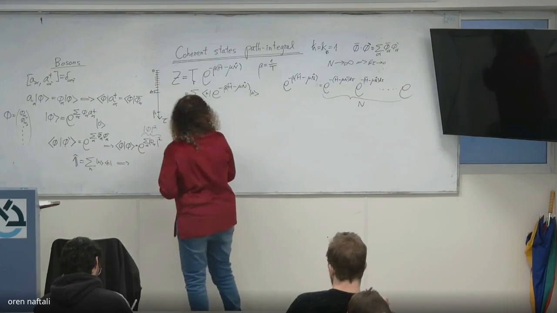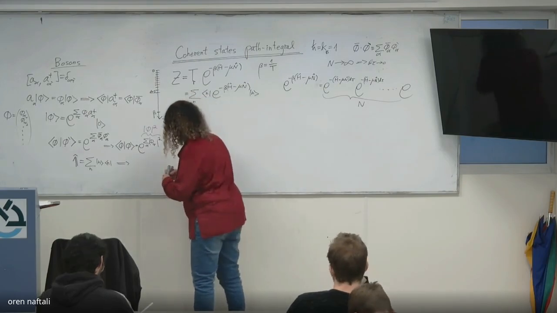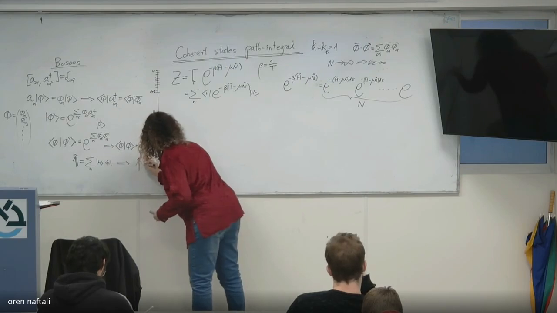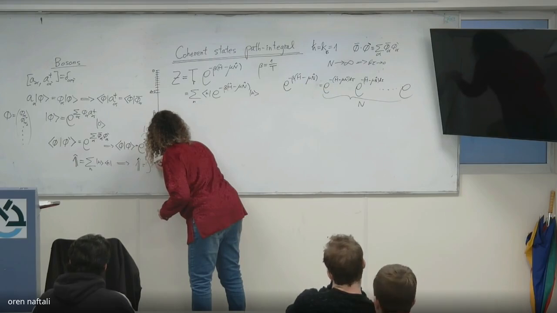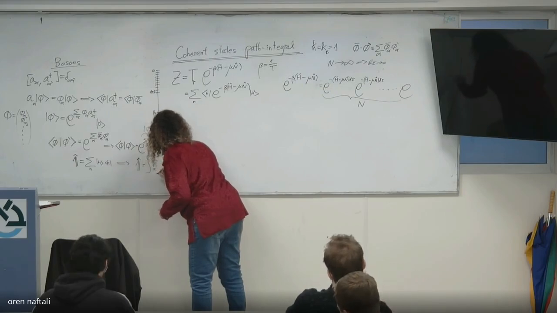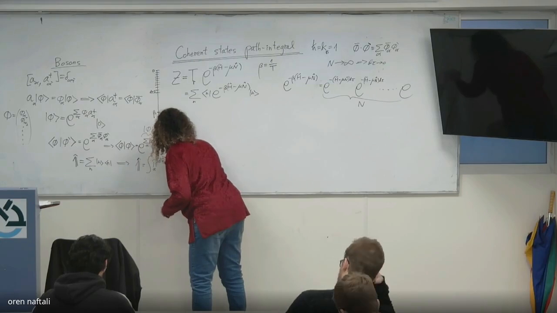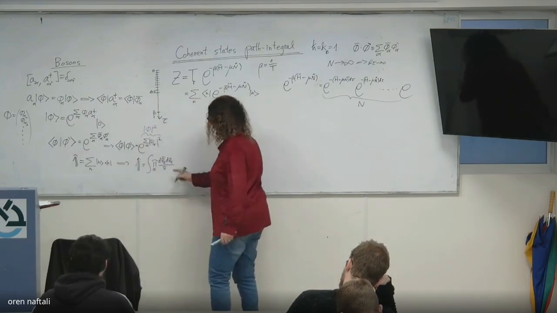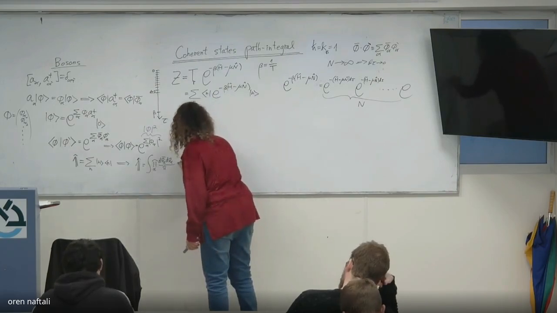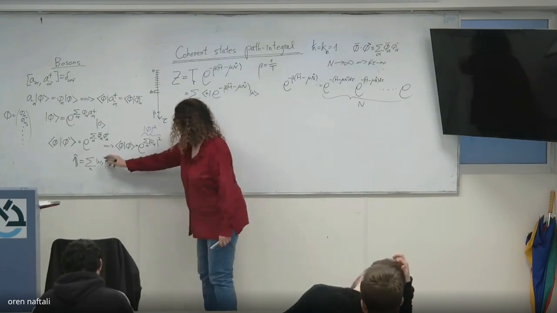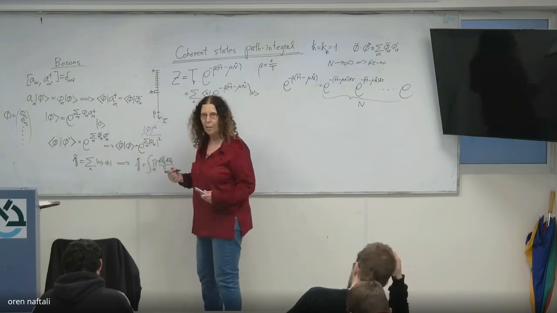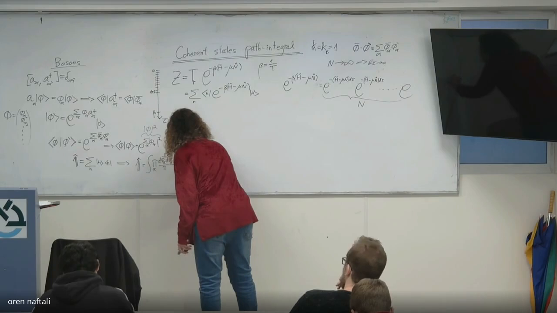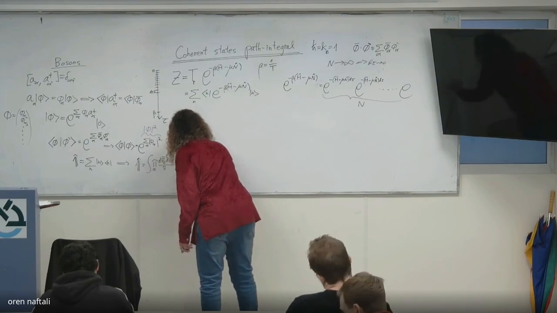So the resolution of the identity is going to be, let me write it like this, a product over all alphas of, this is a pi, times, and here I want to write the projector phi, but I'm dividing by the inner product.